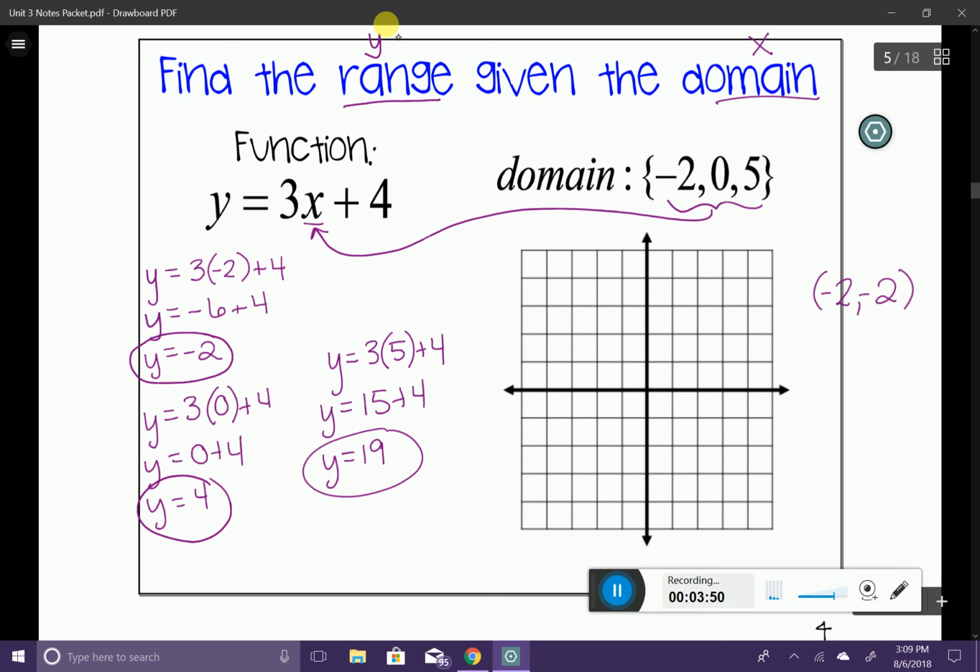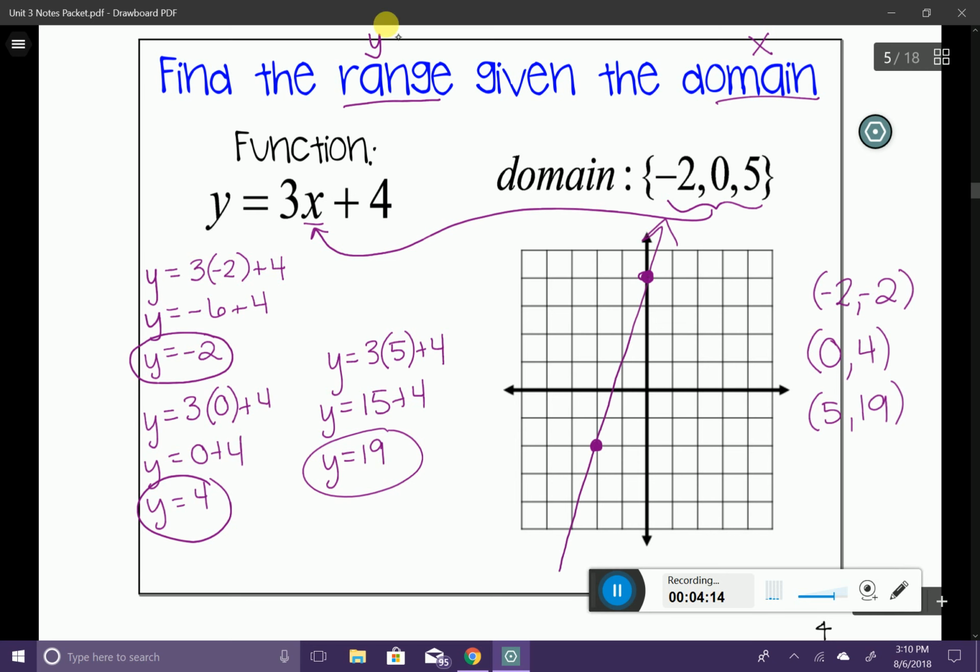So that's going to look like that. And then my next one will be a domain, or input, of 0 and an output of 4. And I don't know what I was thinking when I chose 5, but 5 and 19 are going to be my other coordinate, and they're going to be way off my coordinate plane, so I'm actually not going to graph that one. But you can see that this function is going to create something that looks like this.